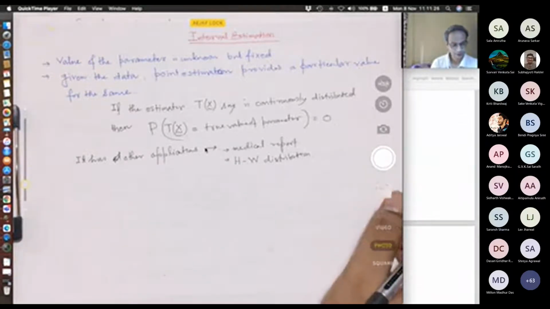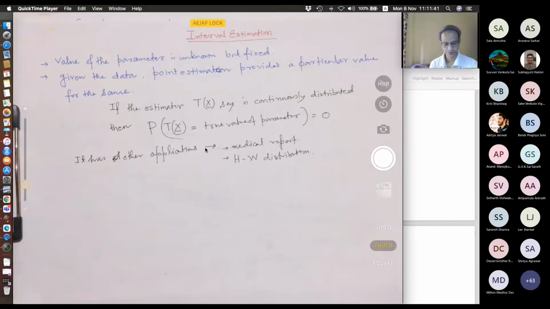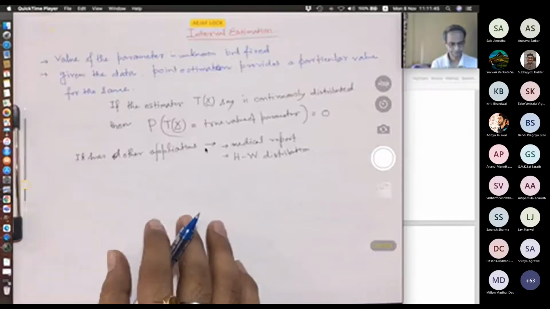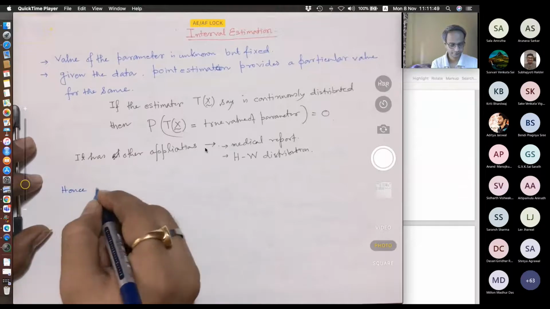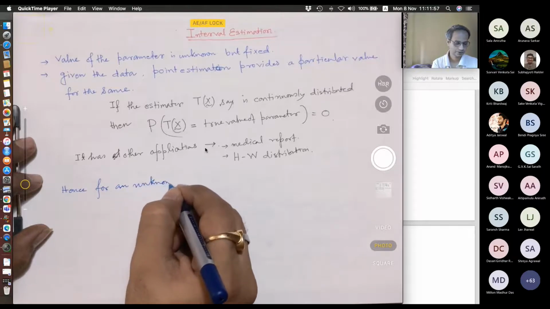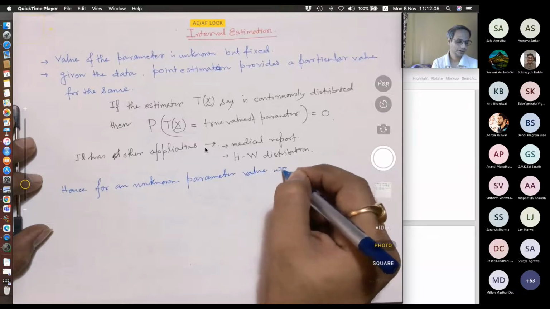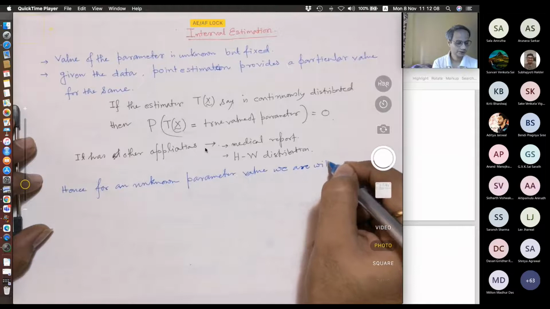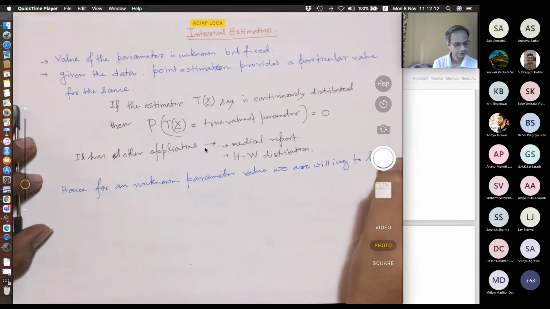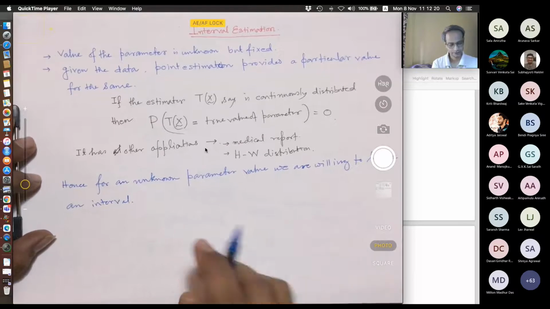Okay. Now, the question is this: for an unknown parameter value, we are willing to have an interval given the data.